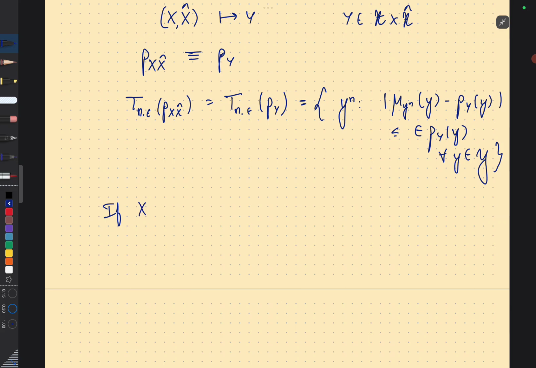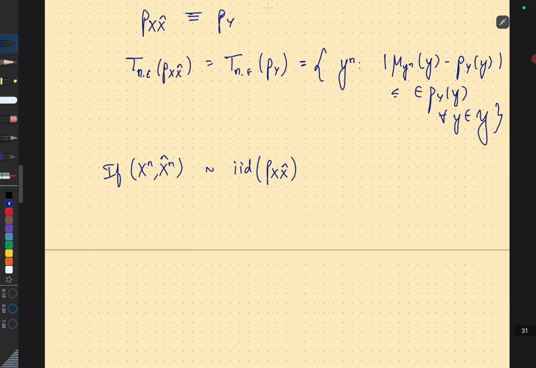So if x^n, x hat^n has IID components drawn according to P of x, x hat, then what is the probability that the pair x^n, x hat^n does not belong to the typical set?